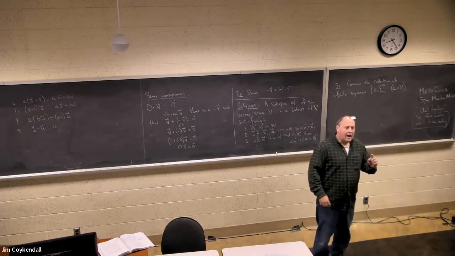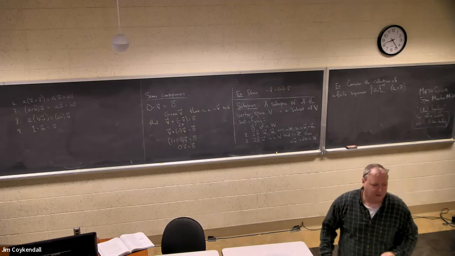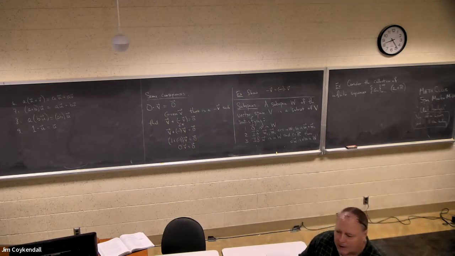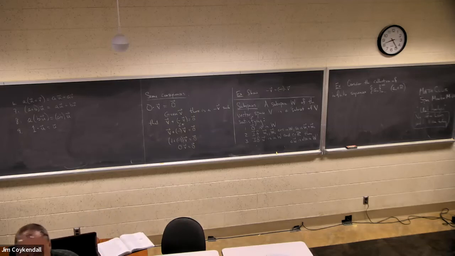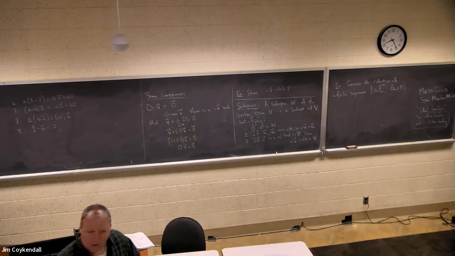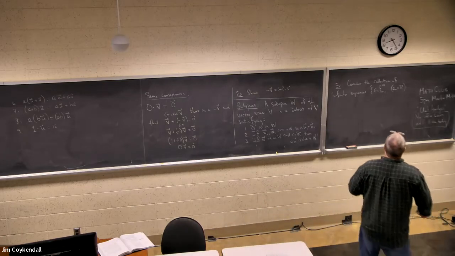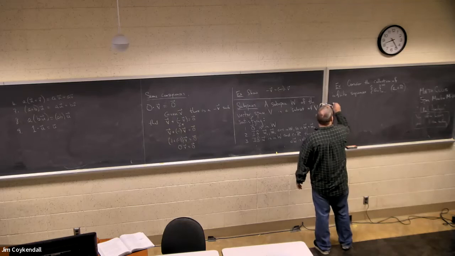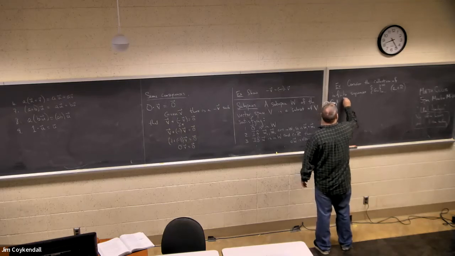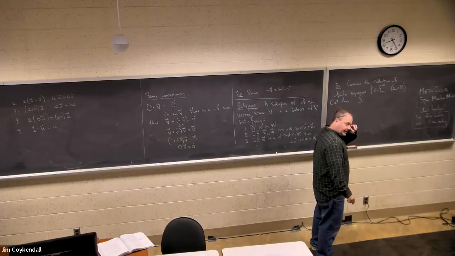Now, I claim that this is actually a vector space. But before I can tell you it's a vector space, I have to tell you what my rules are. I have to tell you how to add them, and how to multiply by scalars. We'll call this vector space S, for sequences.